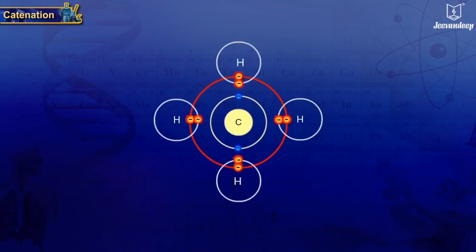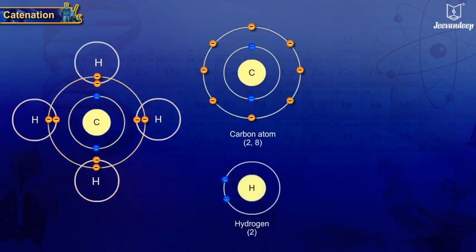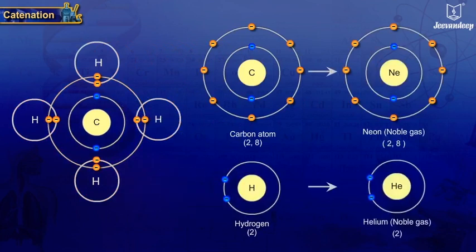The shared electrons belong to the outer shells of both the atoms and lead to both atoms attaining the noble gas configuration, resulting in the formation of covalent bonds. Thus, hydrocarbons are abundant in nature.